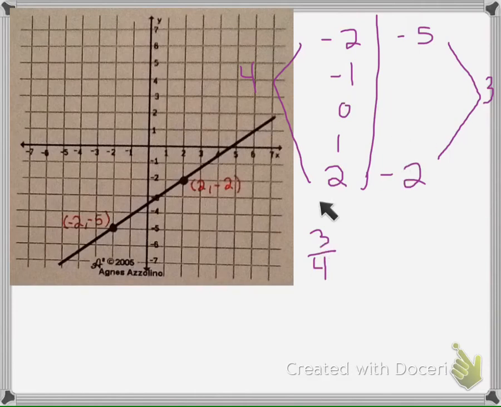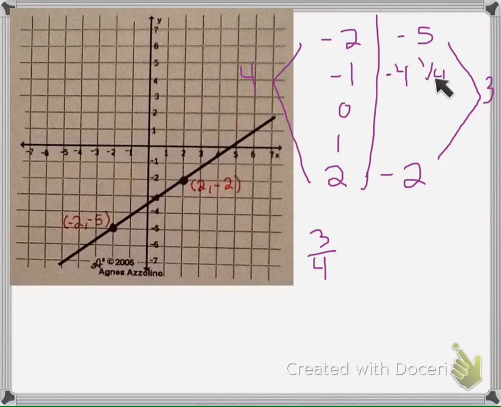So 3/4 means every time x is going up 1, my y is going up by 3/4 each time. So if I start up here, -5 plus 3/4 gives me -4 1/4. Basically, if you're having a hard time with the fractions, I did on my calculator 5 plus 7.5 equals 4.25. And I know that 0.25 is the same as 1/4, right?